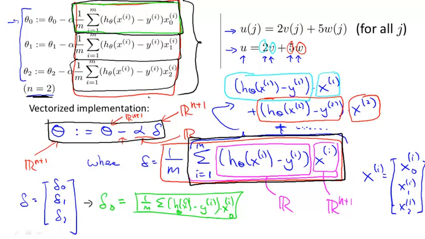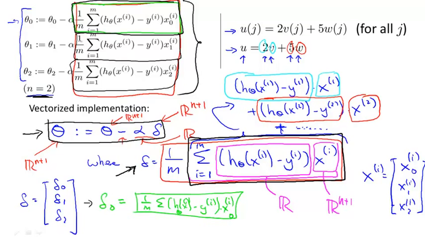I know there was a lot that happened on this slide, so feel free to pause the video and step through it. If you aren't sure what just happened, I'd encourage you to step through the slide to make sure you understand why this update with this definition of delta is equal to the update on top.